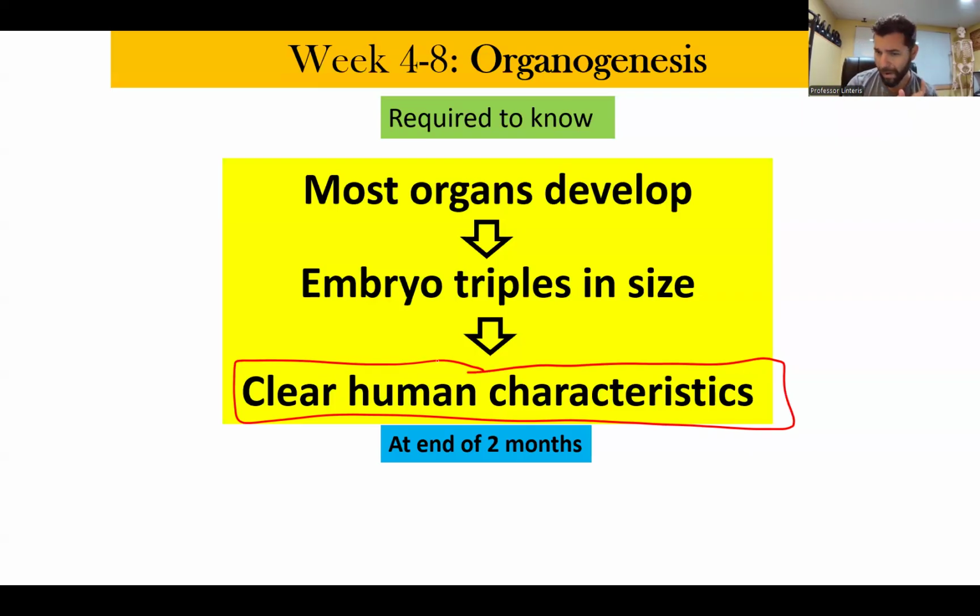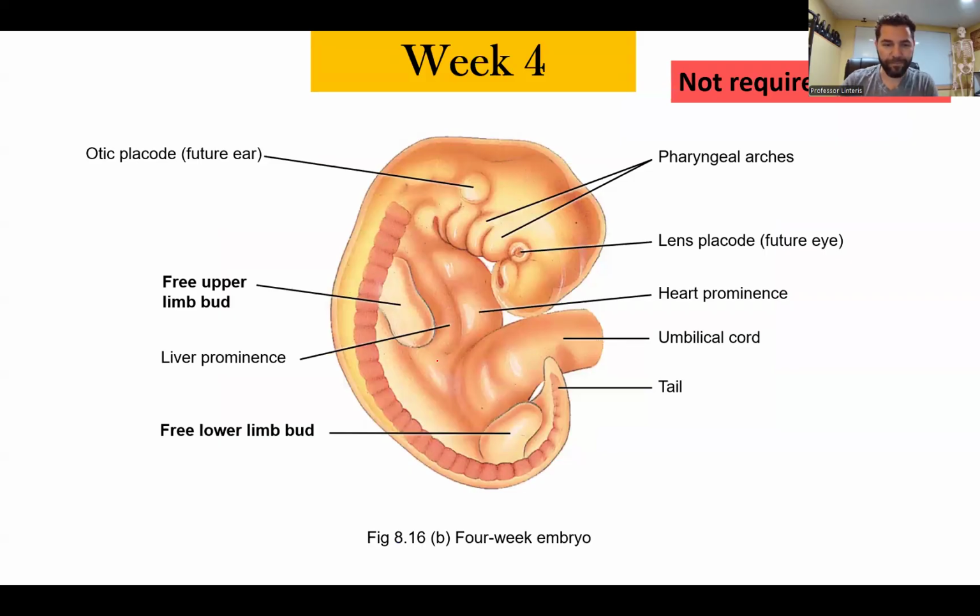Granted, the thing's pretty small. The embryo gets big rapidly, more or less, because it was really, really small. And now it's actually more or less visible. And at the end of your second month, it starts to take on those characteristics, right? We saw this picture, like the 4 week embryo had some things formed.